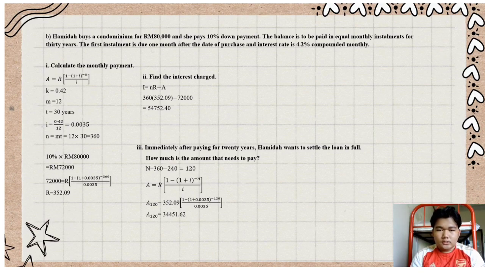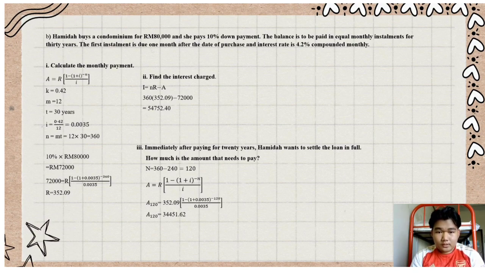Number 3: immediately after paying for 20 years, Hamidah wants to settle the loan in full. How much is the amount that needs to be paid? n equals 360 minus 240 equals 120. A equals R in bracket 1 minus (1 plus i) to the power of minus n, per i.